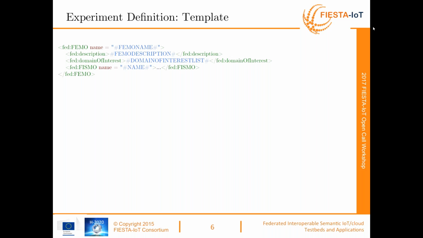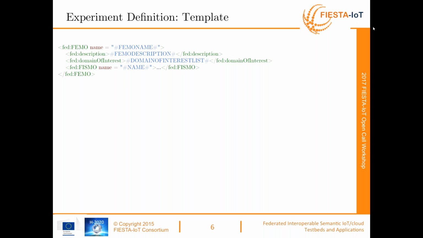I'll tell you what parameters and attributes are available in this FEMO. Then another part is the FISMO, the service modeling object. It basically defines the services that your experiment needs, and it has the scheduling parameters, query parameters and other things.